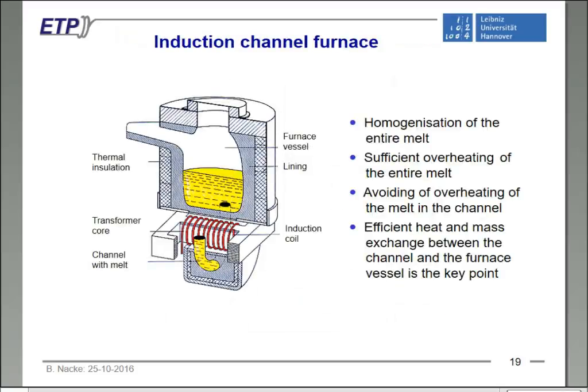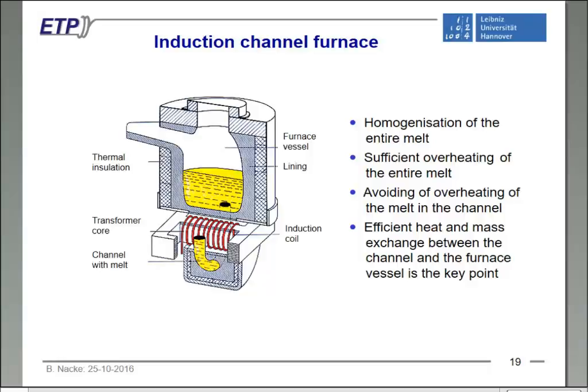So coming now to the channel furnace. I explained already the function of the channel furnace. Due to the fact that we have to transfer the heat from the channel to the melt, we have, of course, to avoid overheating of the melt, especially in the channel.